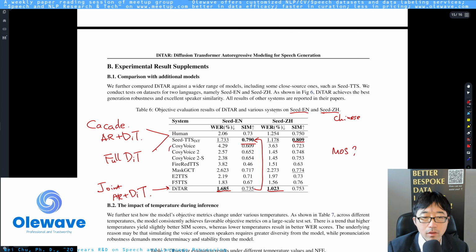Most of these works are using discretized speech tokens. Wait a second. I think this is not fair again, because different systems are not trained on the same amount of data.